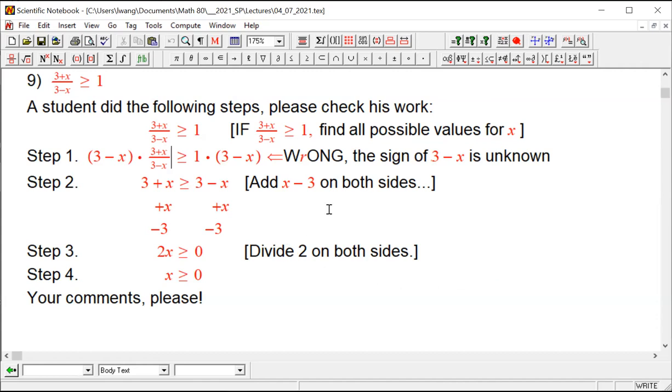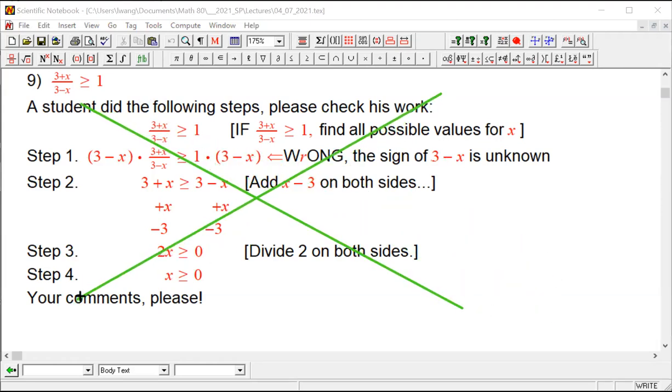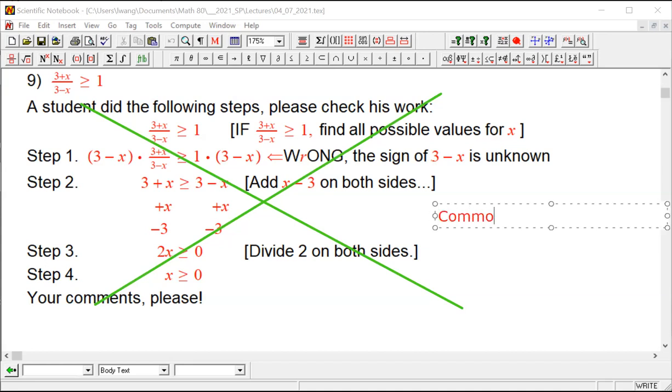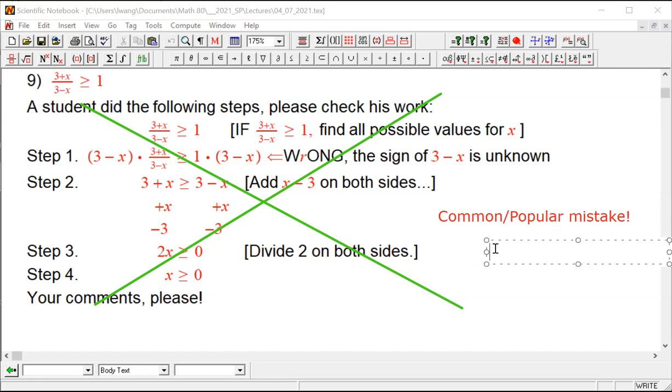It's the same dilemma. So for that reason, I want you to write all of these down, and cross it out. Write down the reason, because this is one of those very common and popular mistakes, for which you're going to get 0.